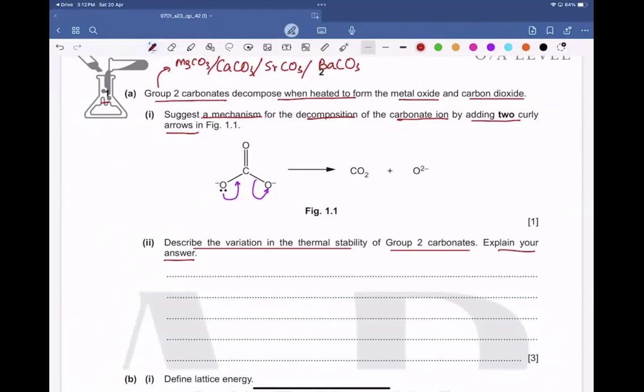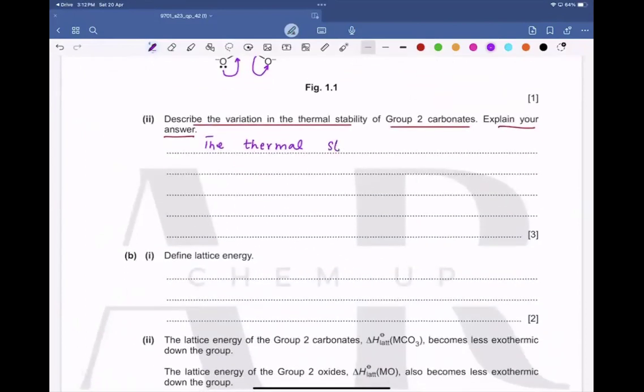So if you recall, the thermal stability of group 2 carbonates increases, right? And the trend is it increases down the group, right?